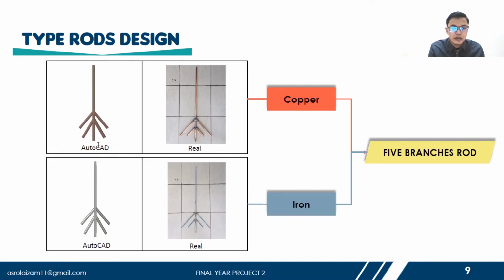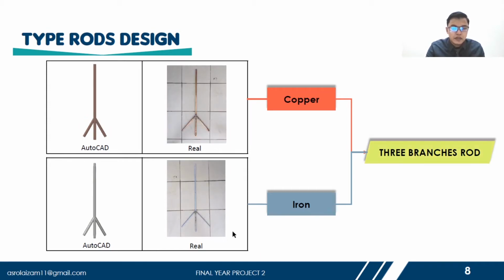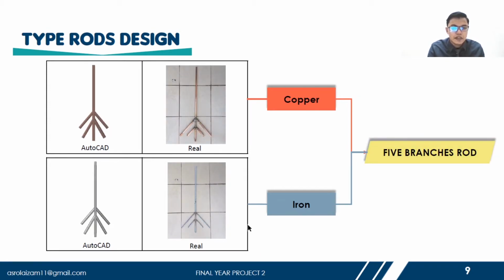This is the design from AutoCAD, and this is the real one. The design from AutoCAD for the iron road, and this is the real one. All 6 designed roads have the same length, and all the copper roads have 12 millimeter diameter, and the iron roads have 9.525 millimeter.